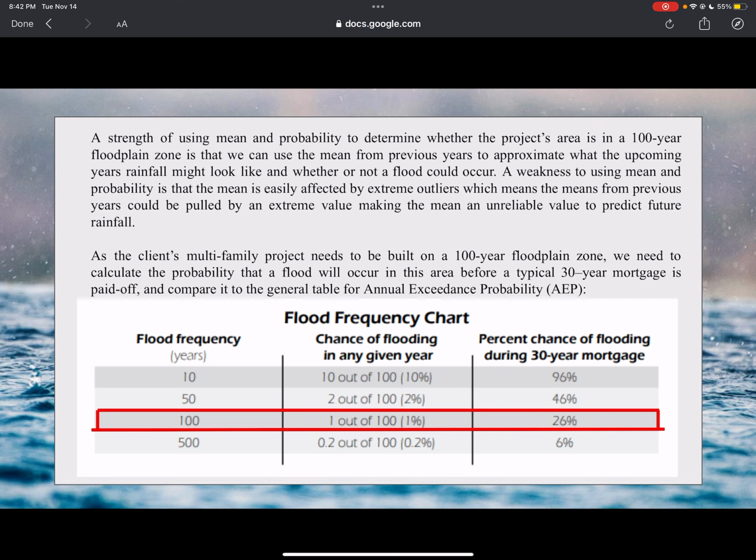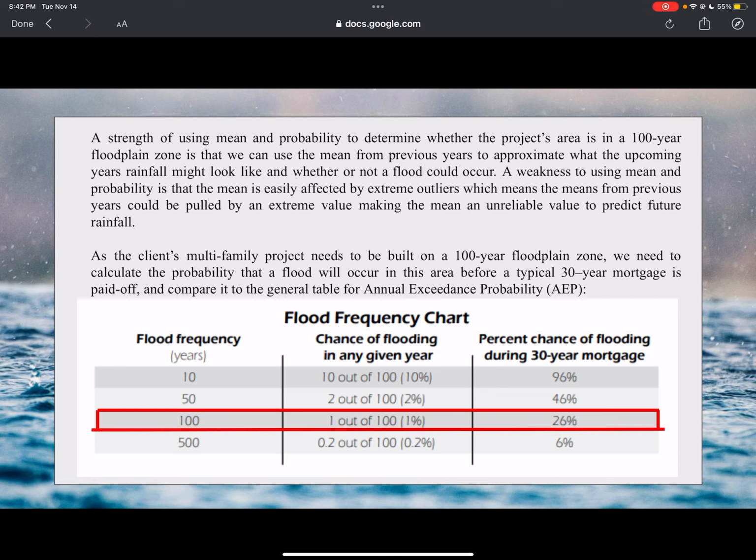However, a weakness would be that the mean is easily affected by extreme outliers, meaning that data from previous years could be unreliable if there were any extreme variables, pulling the mean one direction or another, which would not give us a good estimate of future rainfall.